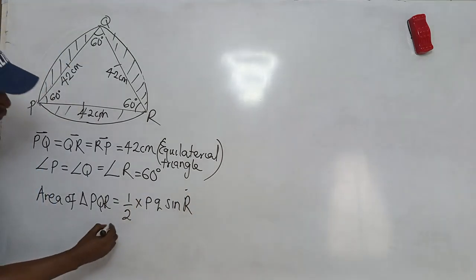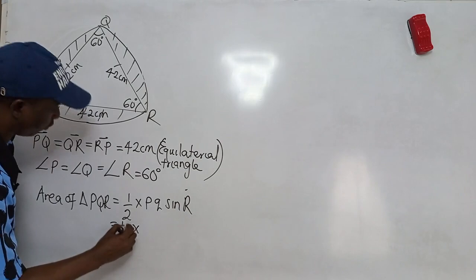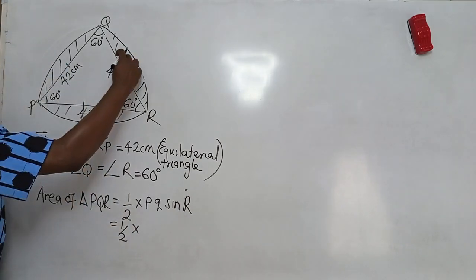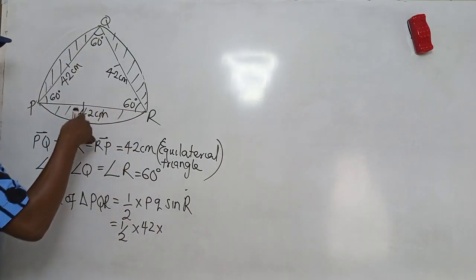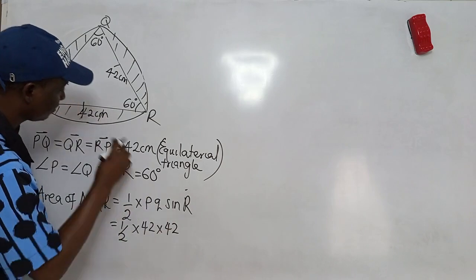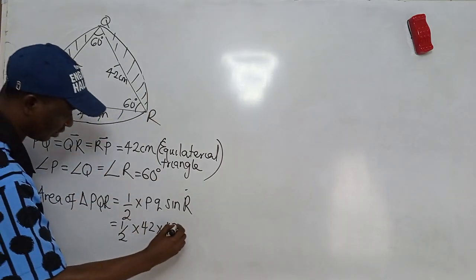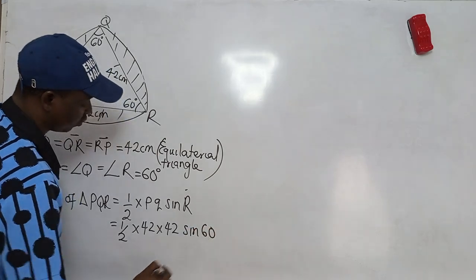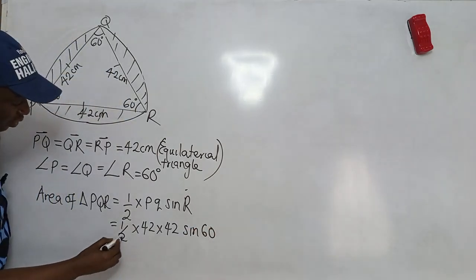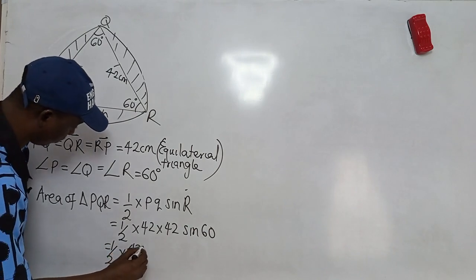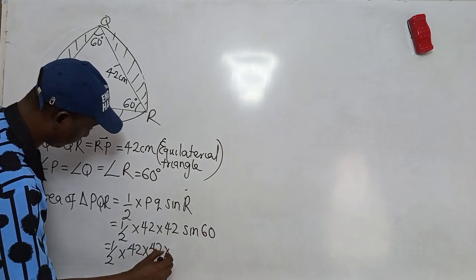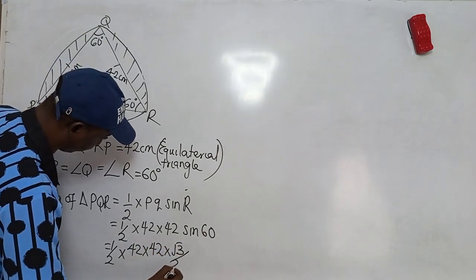So we can have it as 1 over 2 times small p, which is 42, times small q, which is 42, times sine of big R, which is sine 60. This gives us half times 42 times 42 times root 3 over 2.